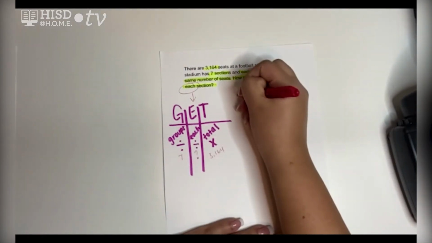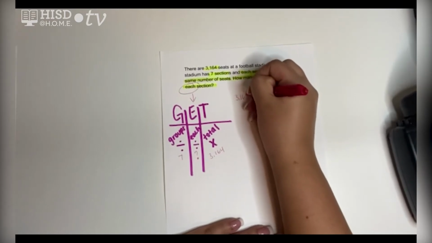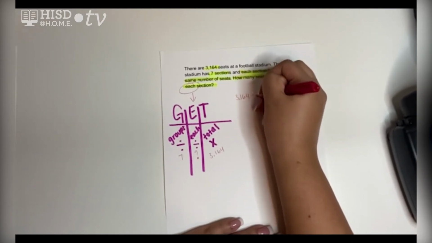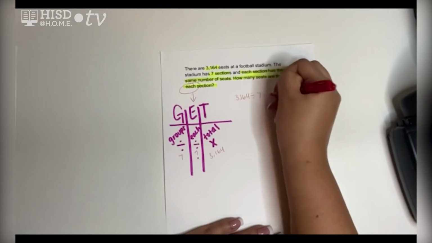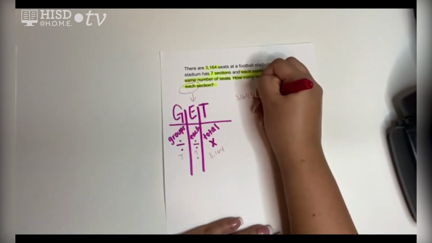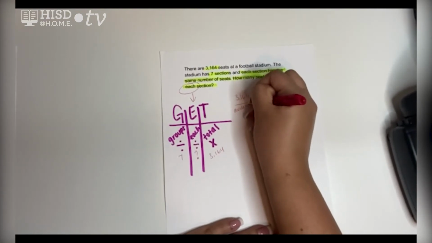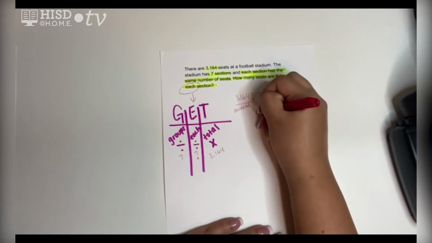So I'm going to go ahead and write out our division equation here, which is 3,164 divided by 7 equals question mark, because we don't exactly know yet. This is our dividend. Remember that 7 is our divisor.